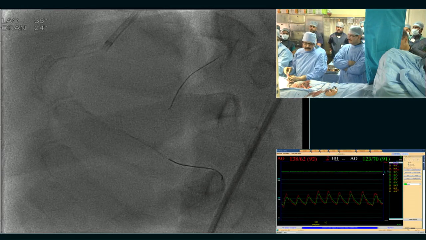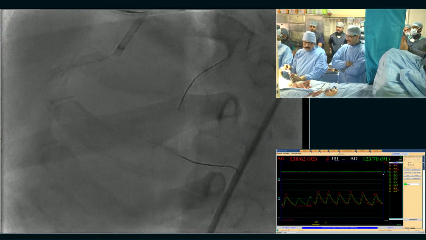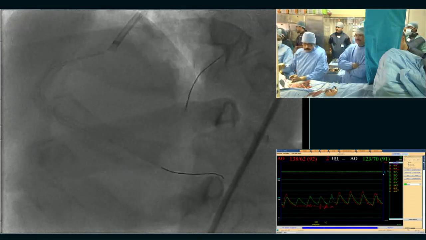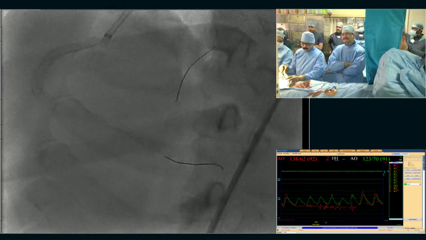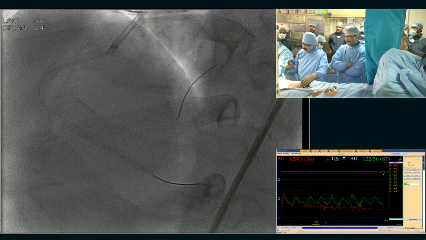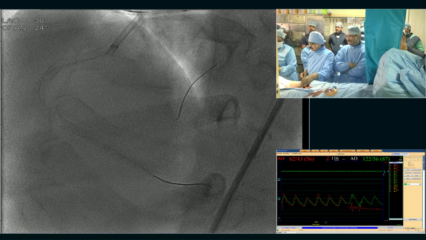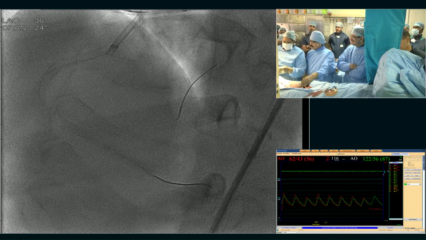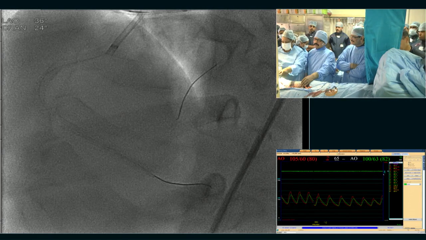I will open the PDA and go with the antegrade crossing. Yes, give the balloon, 3.5, very short. We can cross with a Sion wire, something like Sion, with a double lumen catheter.